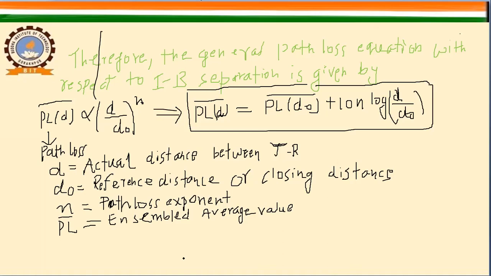So there is a table which shows the effect on the path loss components. The environment plays an important role in dealing with the path loss model in a long-distance coverage area.